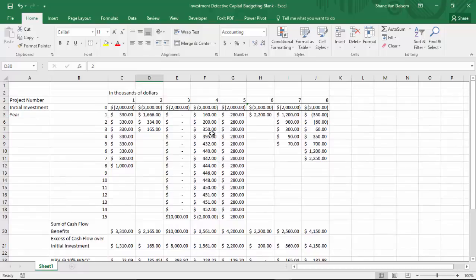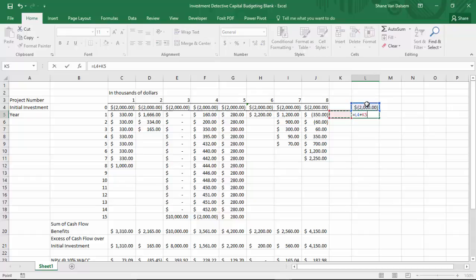In the next case, this is where we would just need to add things up until we got to 2000. So I have, I'll do it over here, equals the negative 2000, put that there, equals this plus the 160.